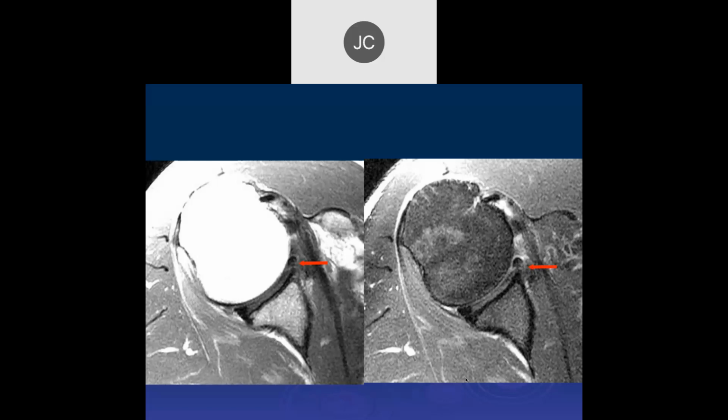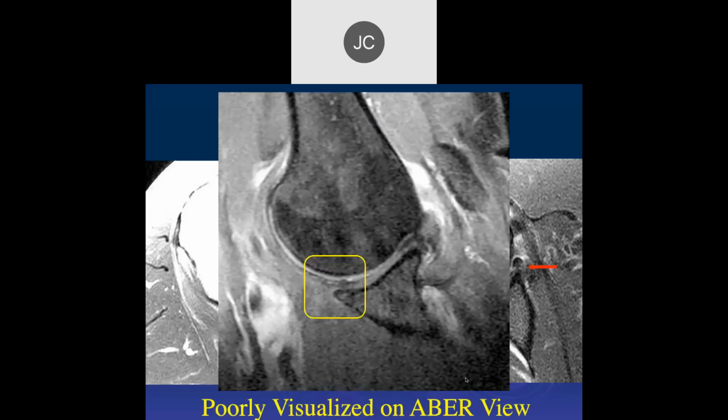This was actually a patient, but not in that particular study that we did. And here on the labral view, that's what it looked like. It was suspicious on the regular one, but it doesn't really look like it displaced. And at surgery, this patient had an anterior labral tear.